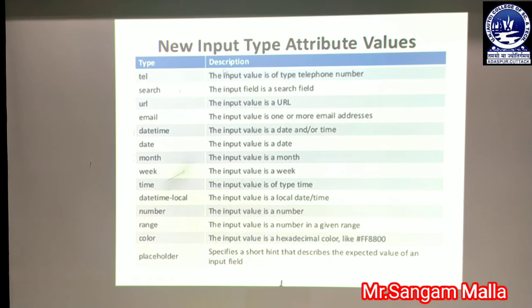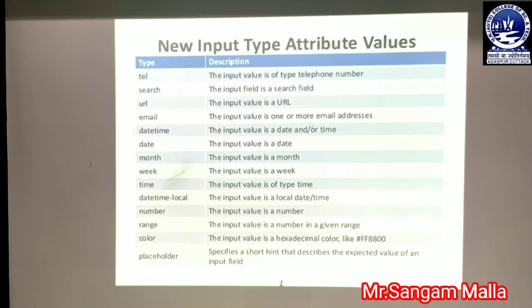So these are some of the types and the description is written over here. Tel stands for an input value of type telephone number, as we have discussed. The search type is for giving the search field. Similarly, URL stands for uniform resource locator, that means if we want to give any link, we can use the URL type.